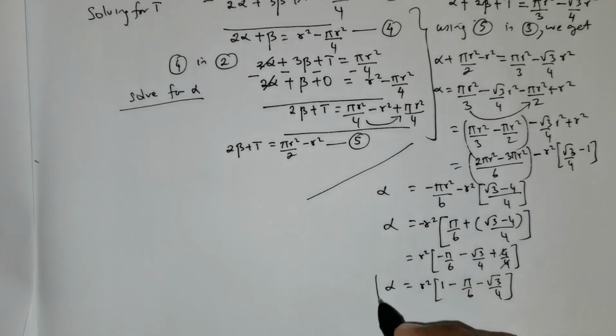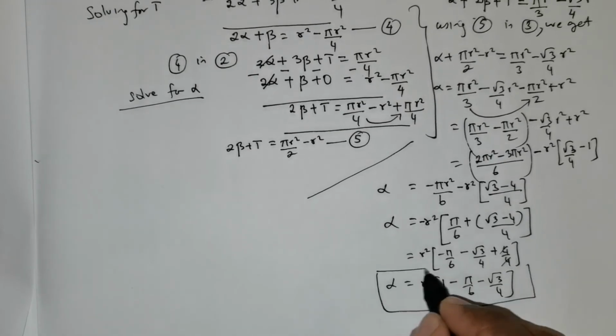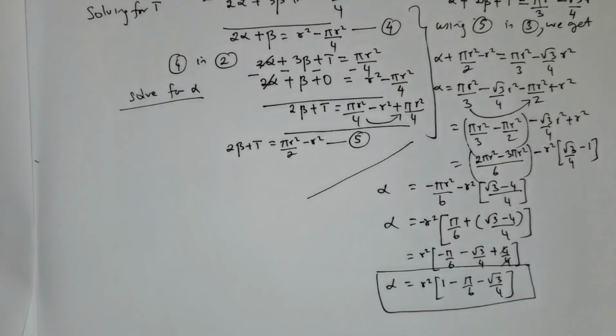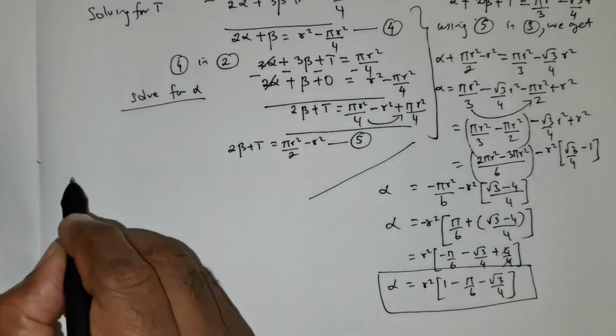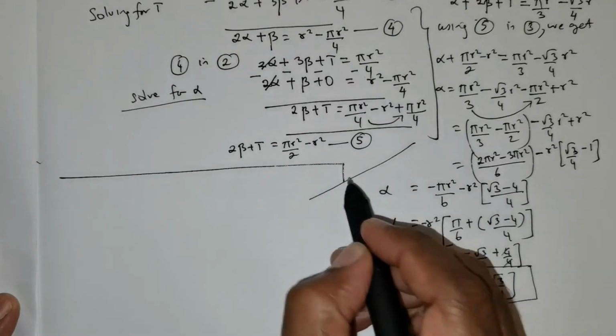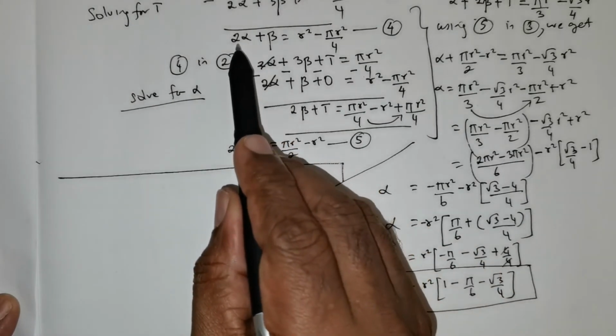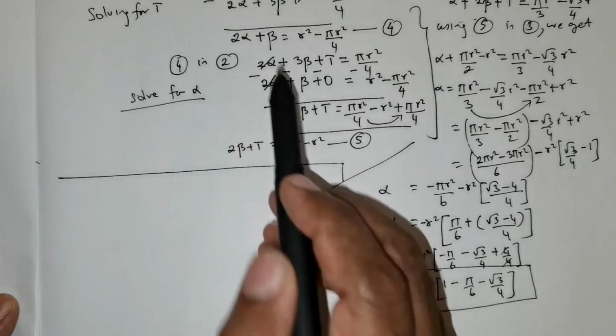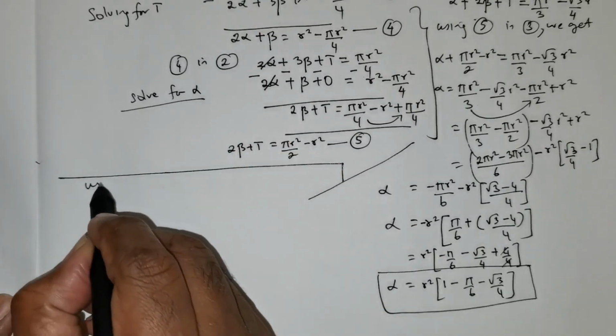Now clearly I will be using this value of alpha to obtain the value for beta. So I'm going to substitute the value of alpha in 4.